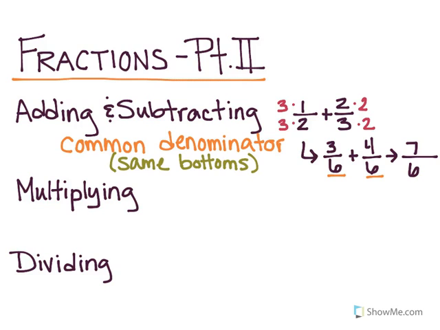Now when we have two fractions that are being multiplied together, it's top times the top and bottom times the bottom. And there's no need to find any kind of common denominator here.